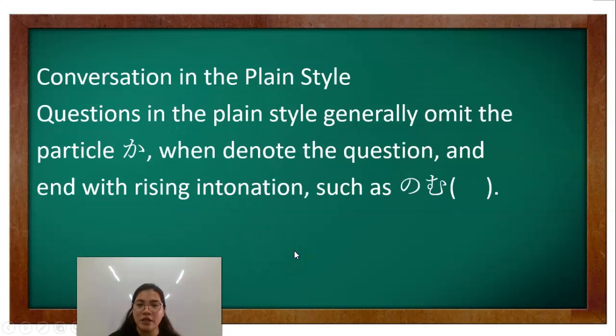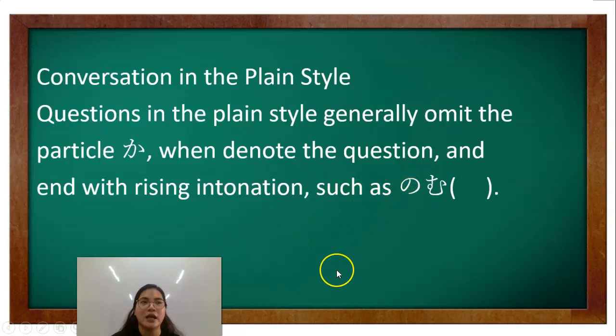So, in conversation in the plain style, questions generally omit the particle ka. If you are asking a question, or in conversations in plain style, the particle ka is not used at the end when denoting the question. They will just end with a rising intonation, such as namu.